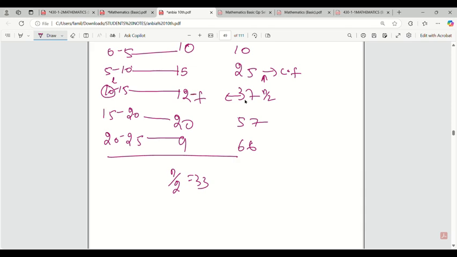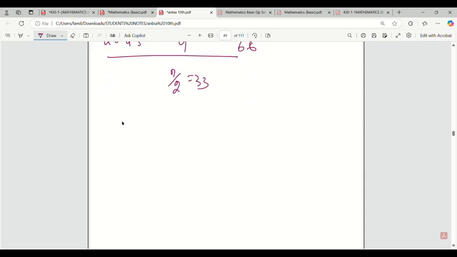So the value of L will be 10, this is your lower boundary, this is your frequency. Median is equal to L plus n by 2 minus CF, divided by F, into H.